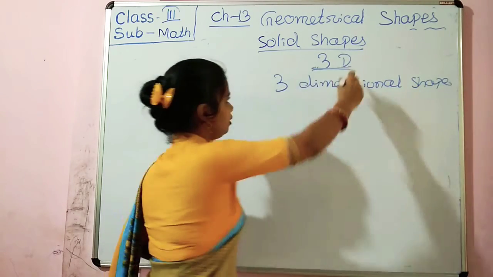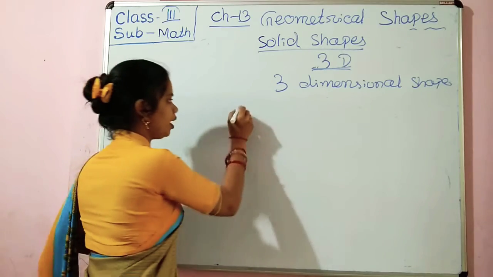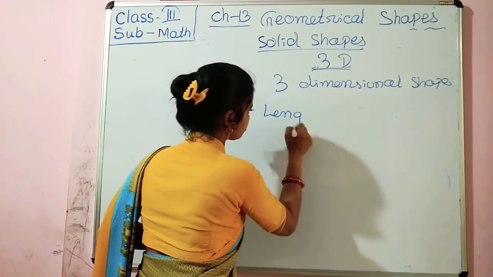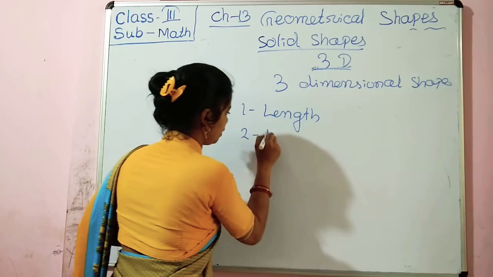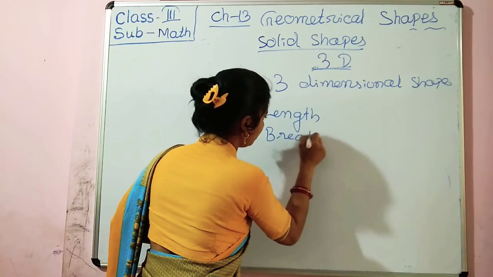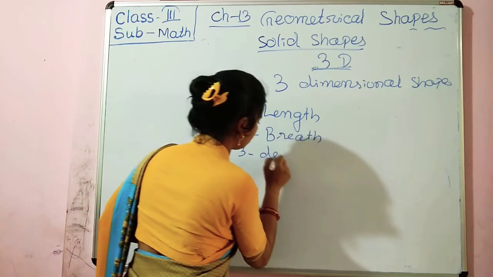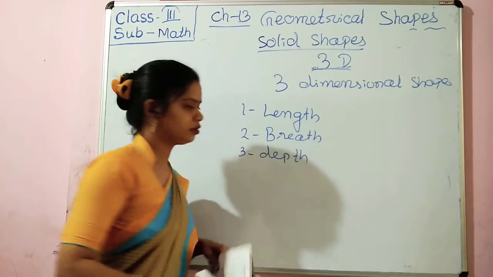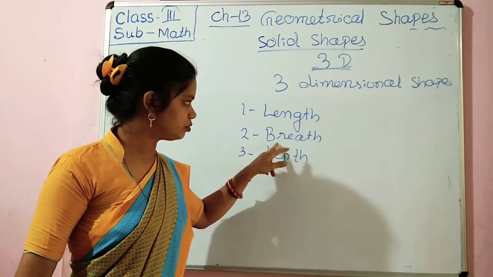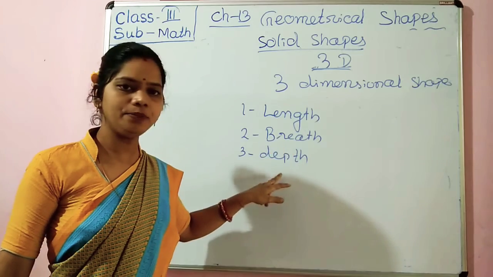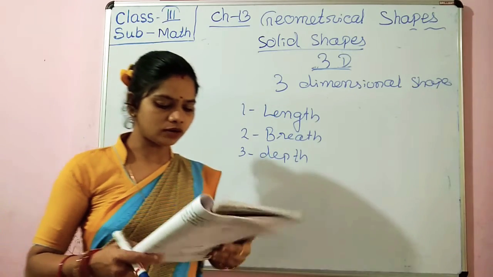What are the 3 dimensions? One is length, second is breadth, and third is depth. These are called the 3D.